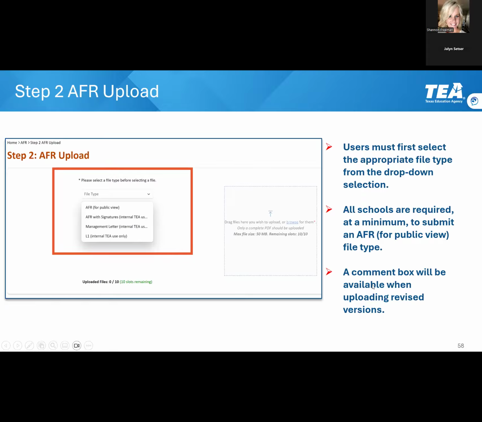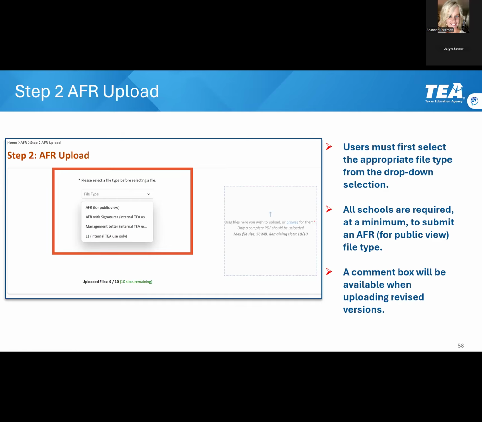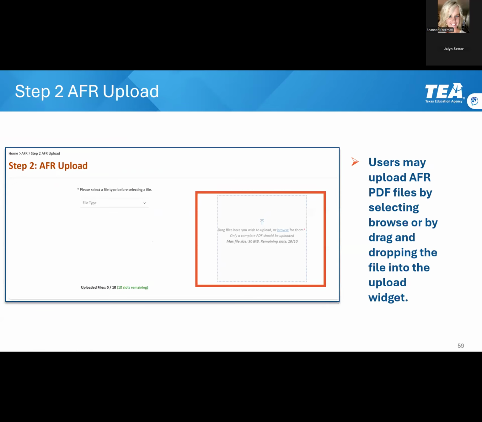Another thing to note is when you are uploading multiple versions, you will see a comment box. We do ask that you complete the comment box with a brief explanation of the reasons for the revision, as well as indicate which page numbers were revised.